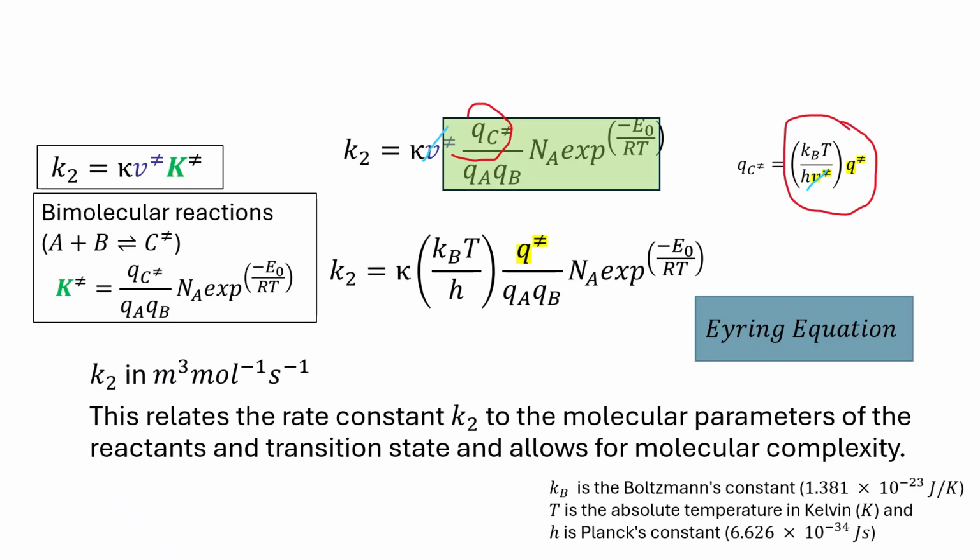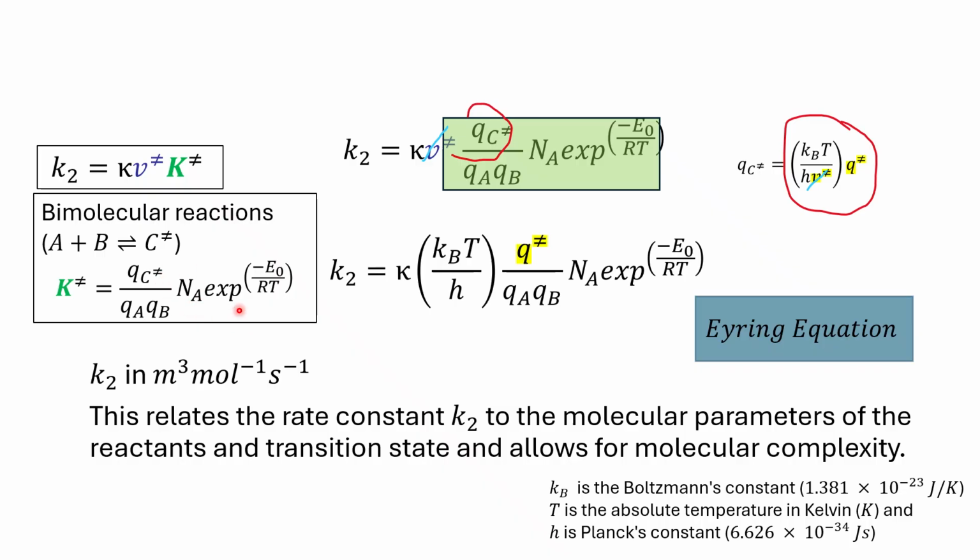Now we are ready to derive the final form of the Eyring equation. Recall the relationship from the equations that k2 equals kappa multiplied by the frequency of the vibration, multiplied by the equilibrium constant for the activated complex. So for the bimolecular reaction involving reactant A and reactant B forming the activated complex, we derive the equilibrium constant from the partition functions.